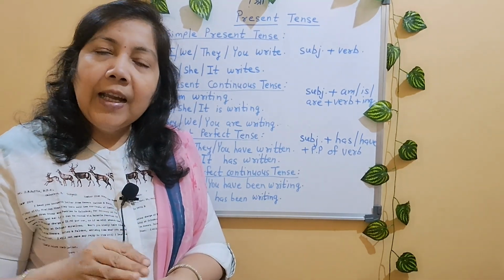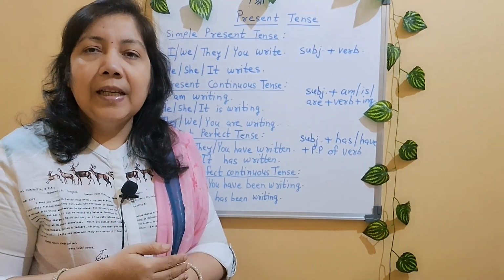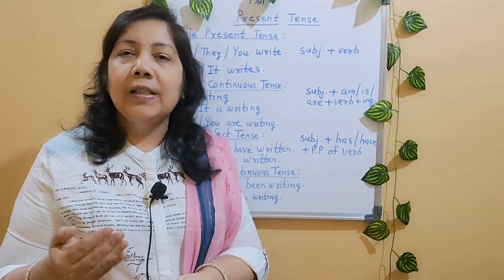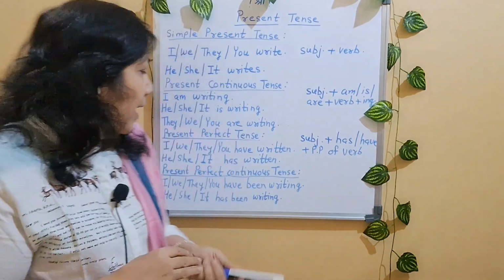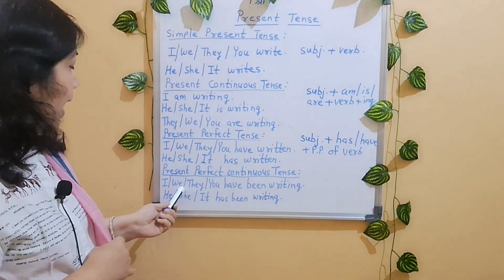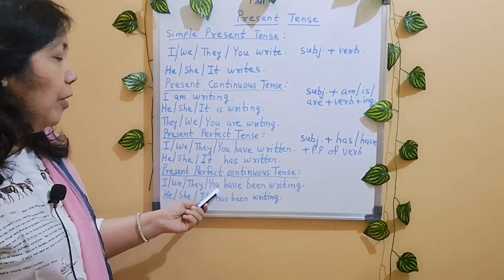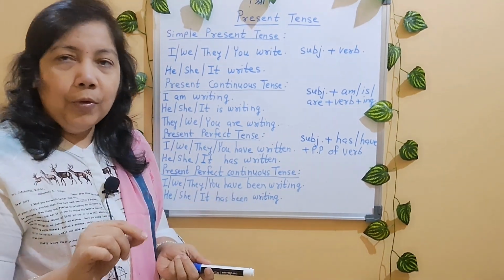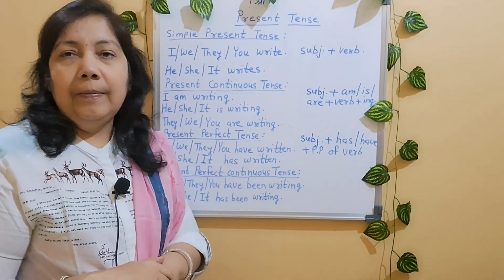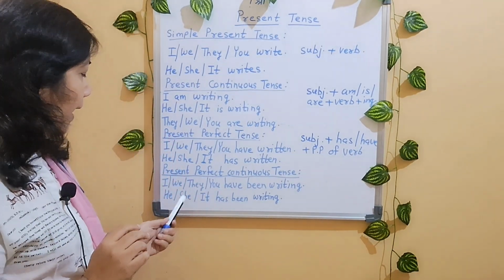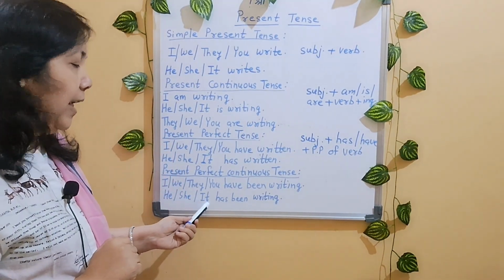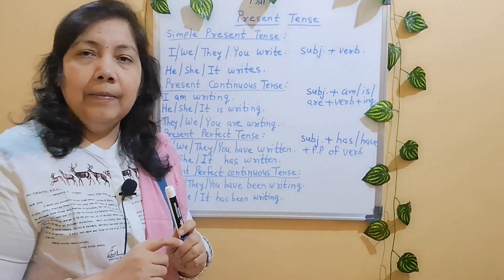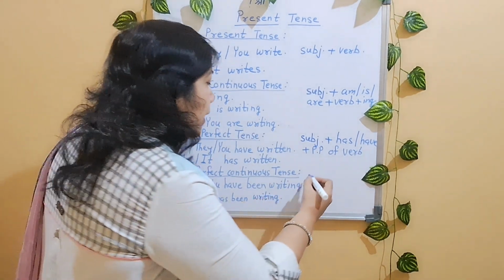Now the fourth kind of present tense is present perfect continuous tense. Example, I or we or they or you, any of these four, have been writing. Or second is he or she or it has been writing. So what is the structure?